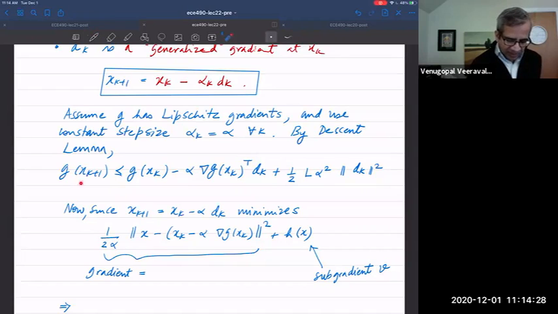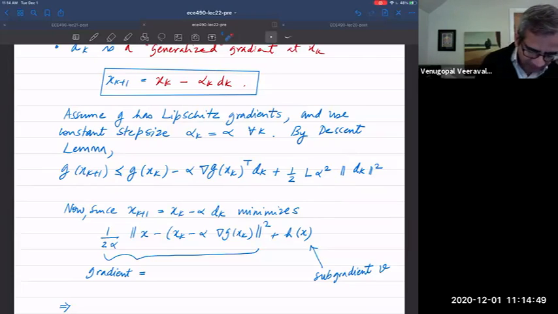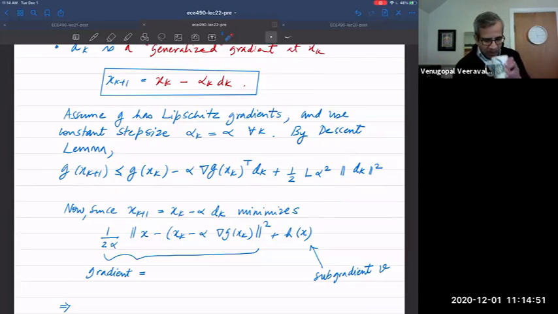So from the descent lemma, we can write g of xk plus 1 in terms of g of xk, and basically this alpha dk comes in this first term, and then you have the quadratic approximation, right? So it's upper bounded by this quadratic approximation by the descent lemma.